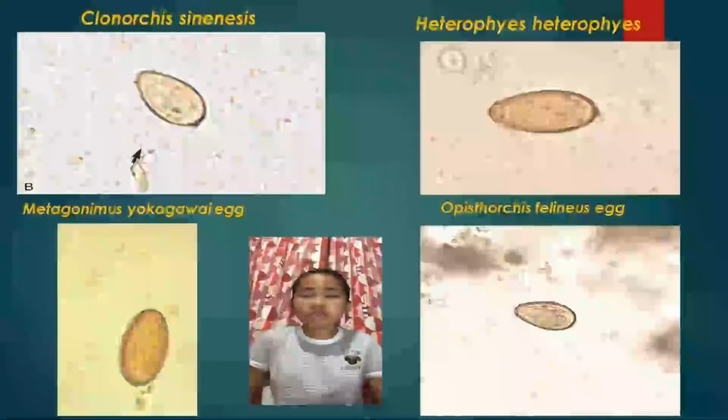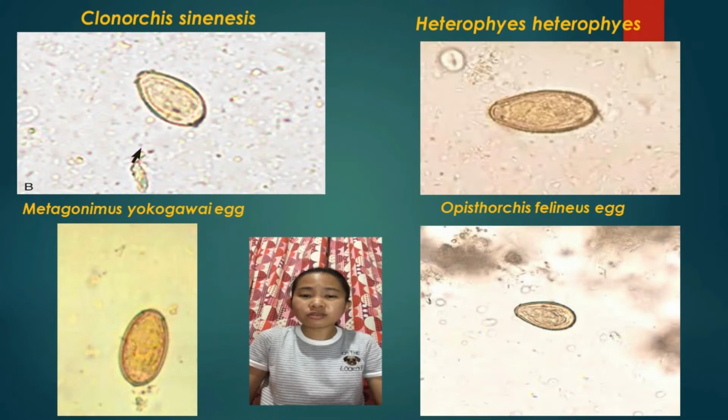Now let us differentiate four types of trematode parasites based on the morphology of their eggs. We have two intestinal flukes, Metagonimus yokogawai and Heterophyes heterophyes, and two liver flukes, Clonorchis sinensis and the Opisthorchis species, which include Opisthorchis viverrini and Opisthorchis felineus.